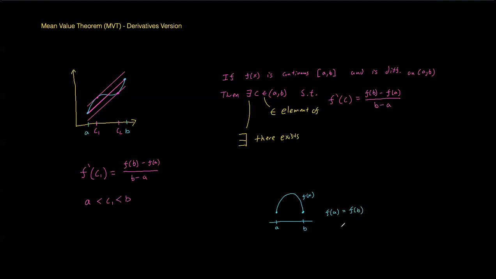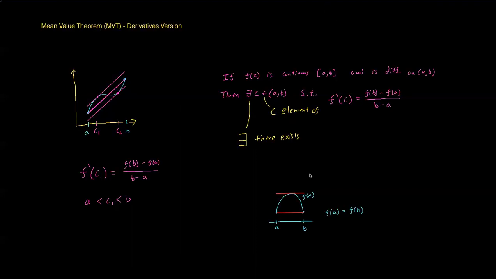So what we're saying is that if we're calculating our slope over here, f of b minus f of a would just be 0. So if you were to pull essentially a horizontal line between the two, then there should be at least one point on this interval from a to b, such that there's going to be a tangent line with a slope of 0.